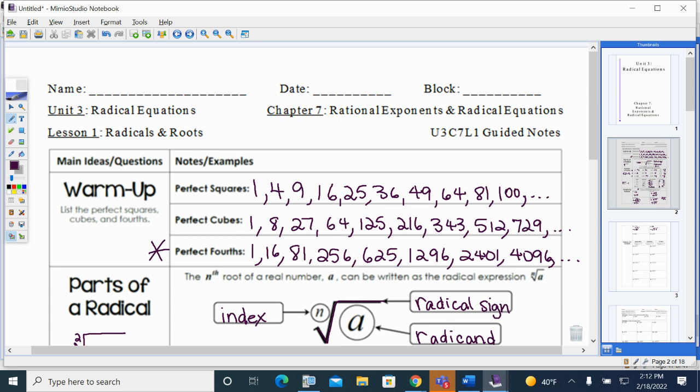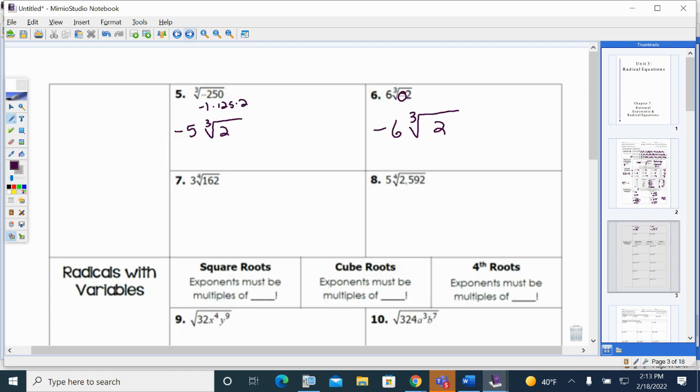So looking at 162, what's going to be a factor of 162 is going to be the 81. The 81 that is a perfect fourth is going to be a factor. So 81 times 2, 4th root of 81 is going to be 3.